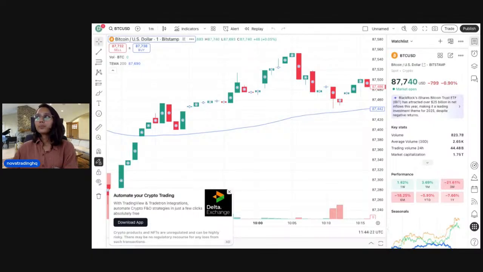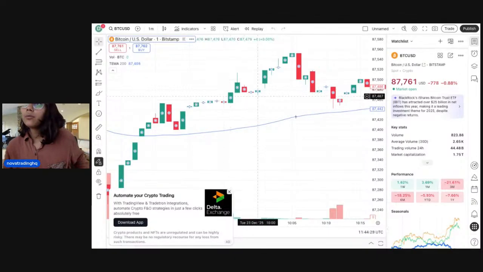Now, when you notice the next candle during the time period of 10:3, what do you notice here?